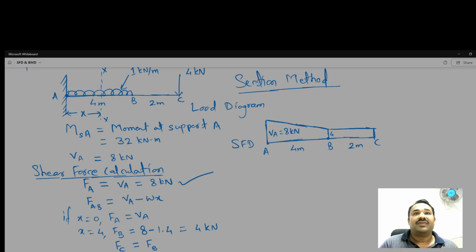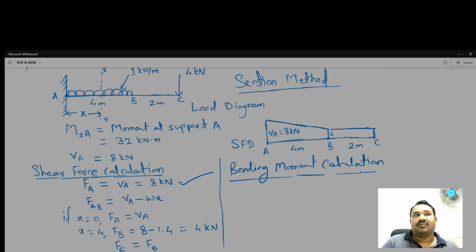Next is the bending moment calculation. Okay, so what about at MA?